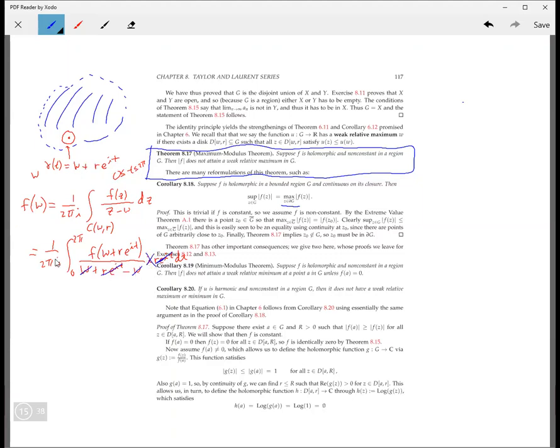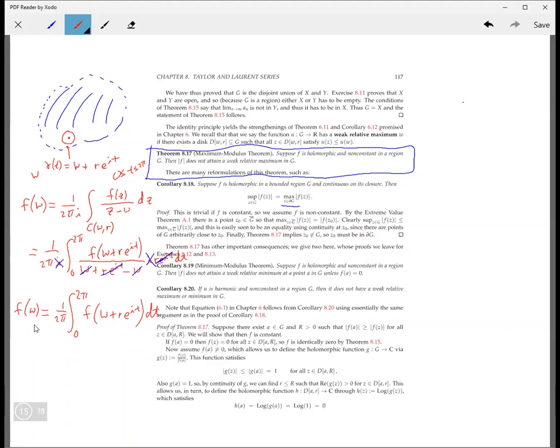This i cancels with that i. And essentially what you end up with is f of w equals 1 over 2 pi times the integral from 0 to 2 pi of f of w plus r e to the i t dt.